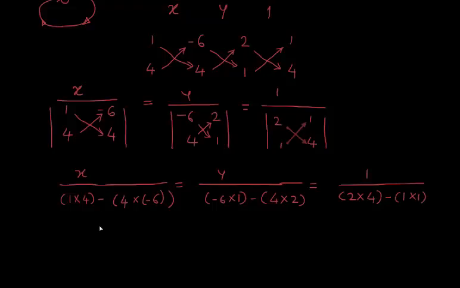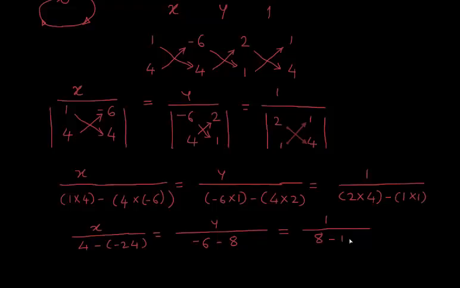We'll get x divided by 4 into 1 is 4, minus 6 4s are 24, so minus minus 24, equal to y divided by minus 6 into 1 is minus 6, minus 4 into 2 is 8, equal to 1 by 2 into 4 is 8 and 1 into 1 is 1.